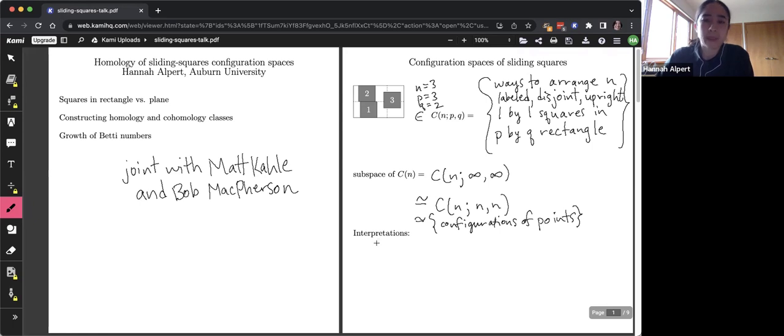So for interpretations of this, sort of why is this applied at all, we can be thinking of two main interpretations. One of them is that the squares are robot cars.